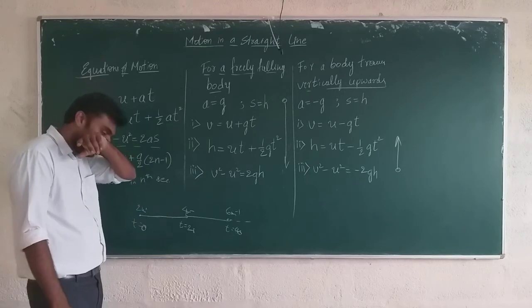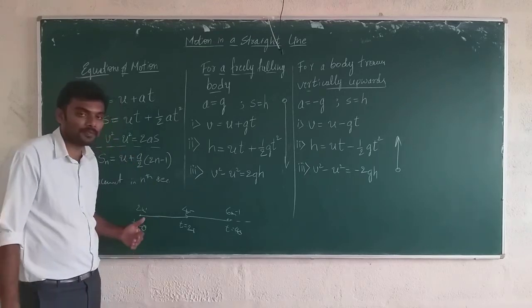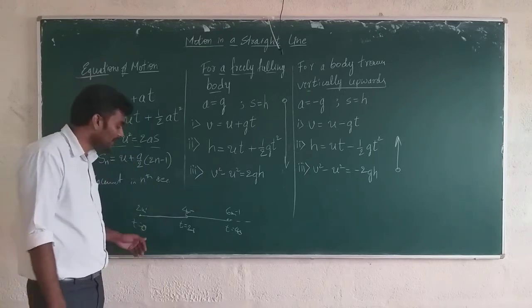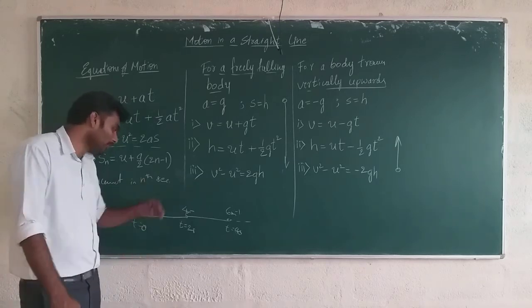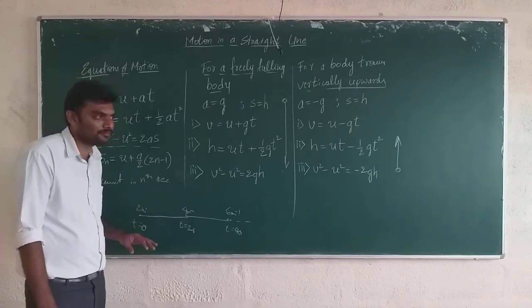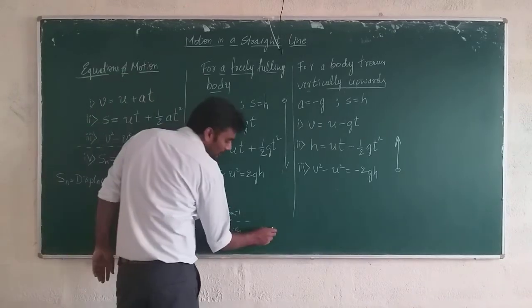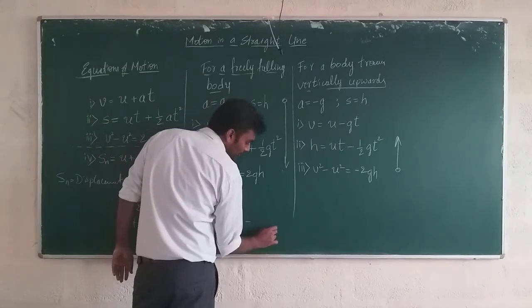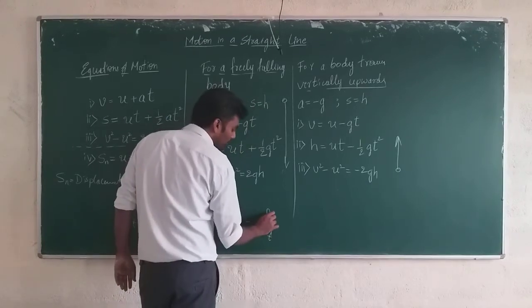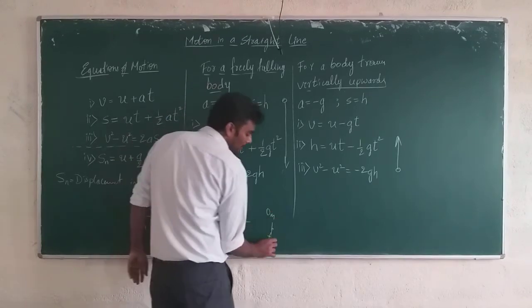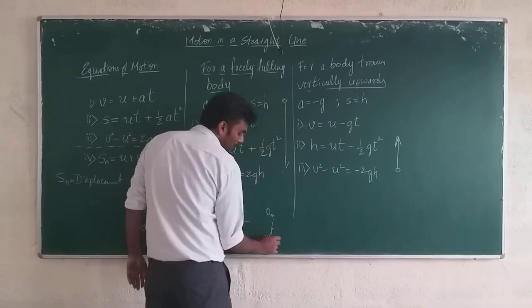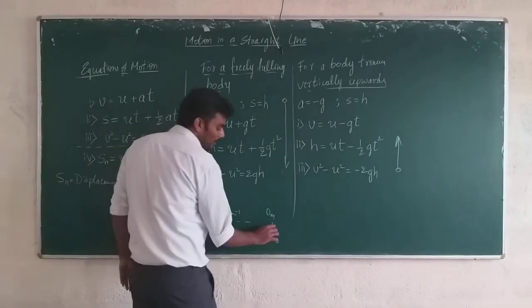Isn't it? The body is getting displaced with time. Obviously, it's moving in a certain direction. So, let us consider a situation where the body starts its motion from 0 meter, and at t is equal to 0, there is no displacement.